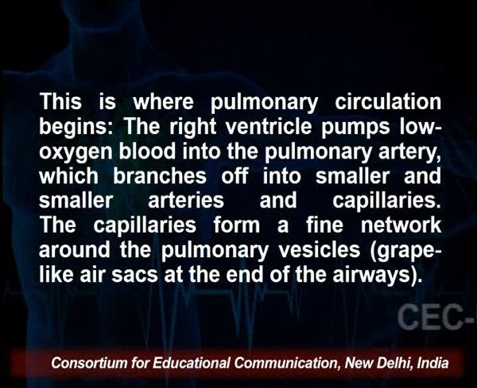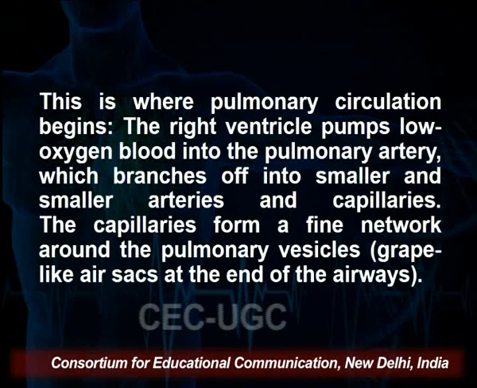The blood, which is now low in oxygen, is collected in veins and travels to the right atrium and into the right ventricle. This is where pulmonary circulation begins. So the right ventricle pumps low oxygen blood into the pulmonary artery, which branches off into smaller and smaller arteries and capillaries. The capillaries form a fine network around the air sacs at the end of the airway, which we also call alveoli.